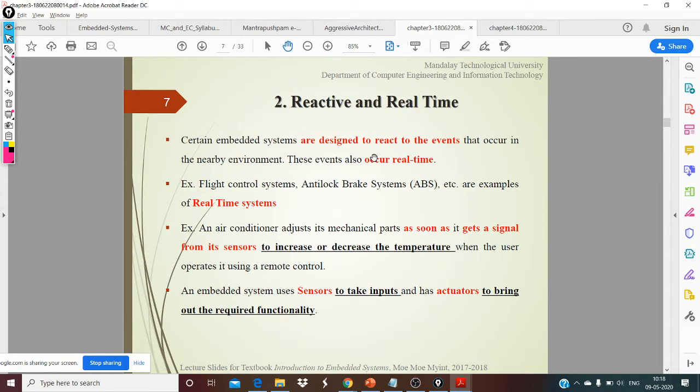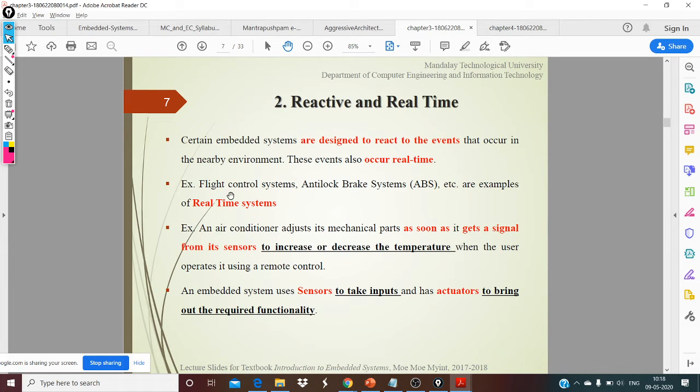If it goes to 1 minute 10 seconds, your coffee may boil and spill. So you cannot afford to miss the deadline. It's a very nice example. So that's about the real time aspect: you have a time constraint.